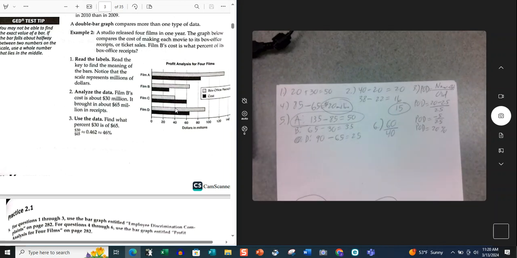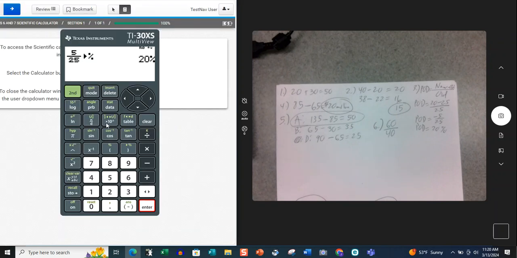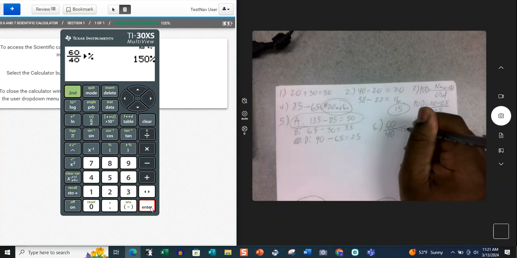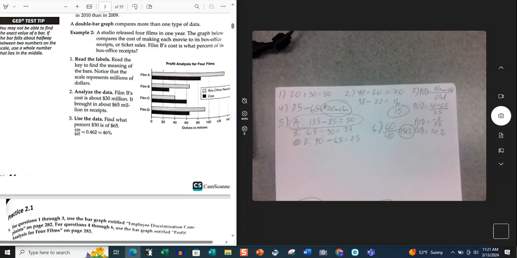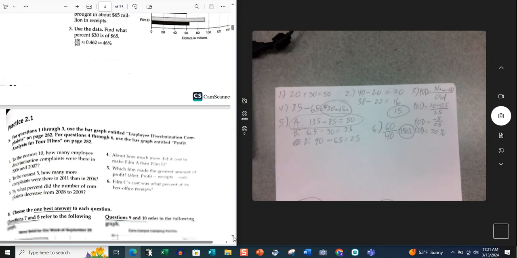So now we can put this in our calculator. We'll press clear, click N over D. So we have 60, down arrow, 40, right arrow, and then we'll press second, the right parenthesis, and press enter. So that'll be 150%. So you know that definitely was a loss, when your cost is more than your box office receipts.